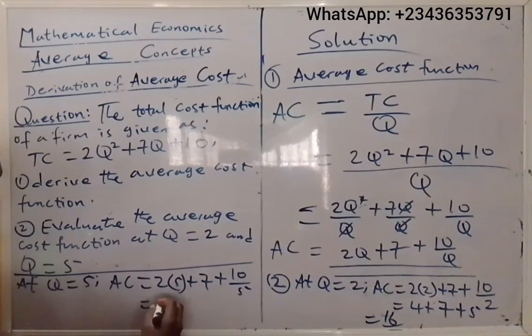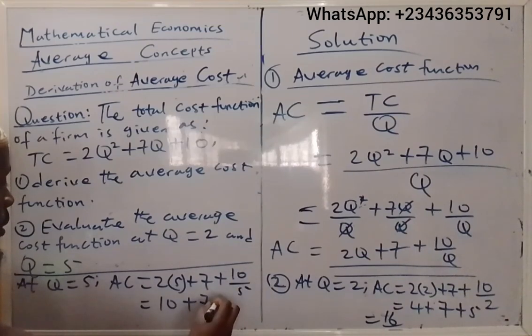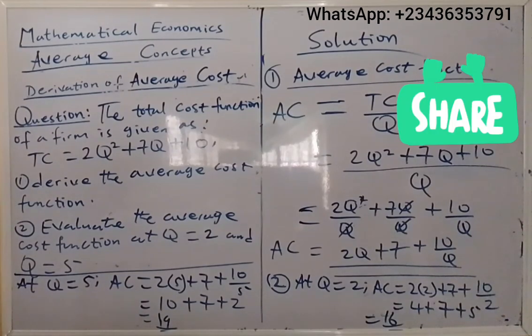Then we have 2 times 5, that is 10, then plus 7, plus 10 divided by 5, that is 2. In other words, we have 10 plus 7, that is 17, plus 2, that is 19. In other words, at Q equals 5, our average cost is 19.